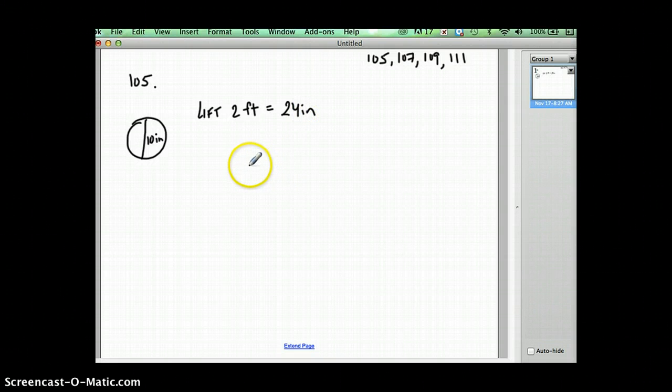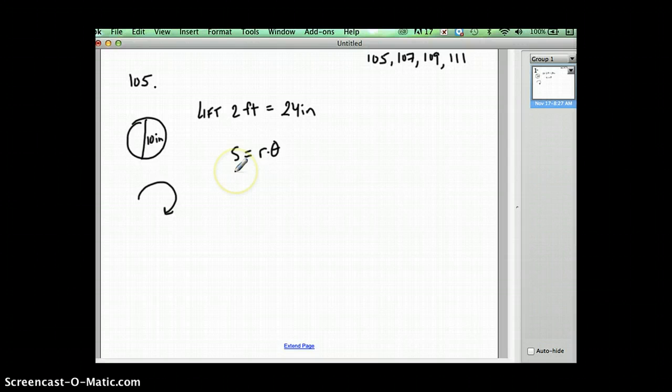Now this is rotating around, so we have to figure out what angle this circle has to turn in order to lift something 2 feet. So really what we're looking at is our arc length formula.